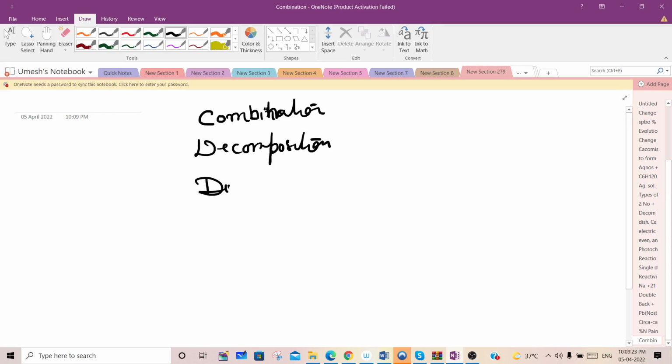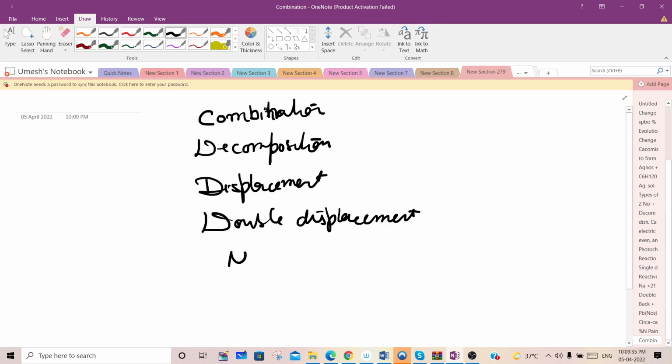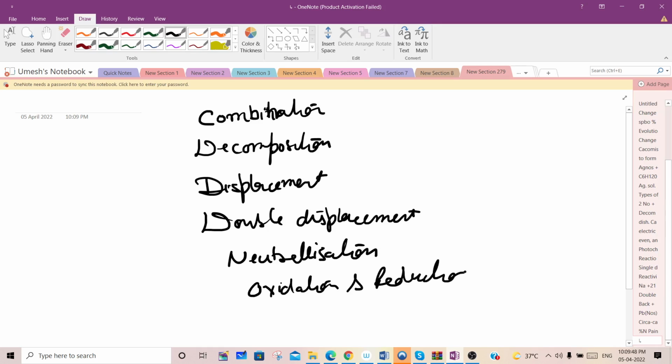Displacement reaction, double displacement. What more? Neutralization reaction, oxidation and reduction reaction. These are the different types of reactions.